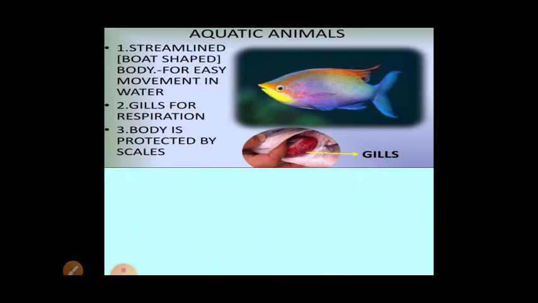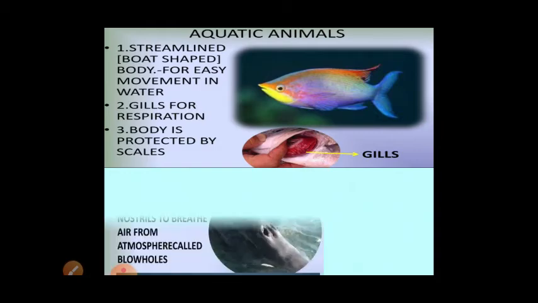They have fins to swim and a tail to change direction. Also some fish have scales on their body to protect their skin. This way we can observe all these adaptations.